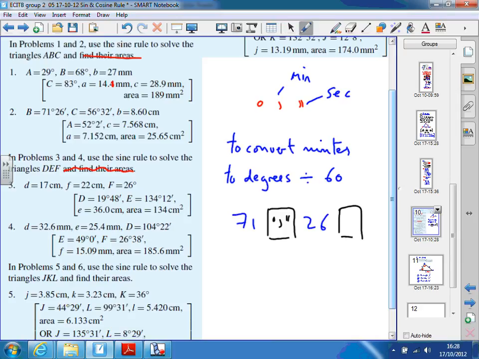So then the calculator knows you put in 71 degrees 26 minutes. And if you had seconds as well, you'd put in that number and then hit it yet again to get the seconds. So if I want to find the sine of this angle, for example, I'd write sine 71 degrees 26 minutes. You'll need to be able to do that to have a look at some of these questions, because they'll give you parts of degrees.